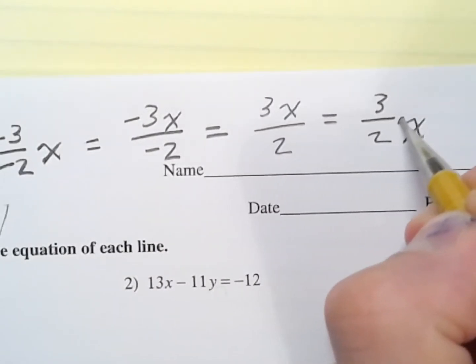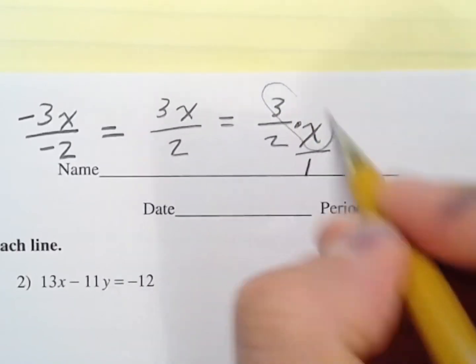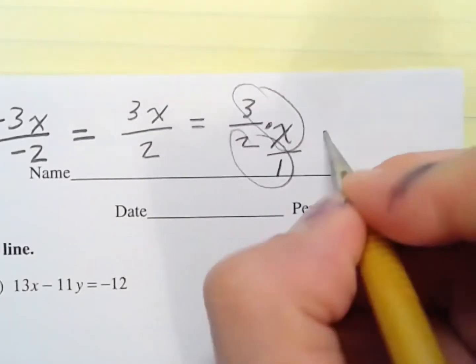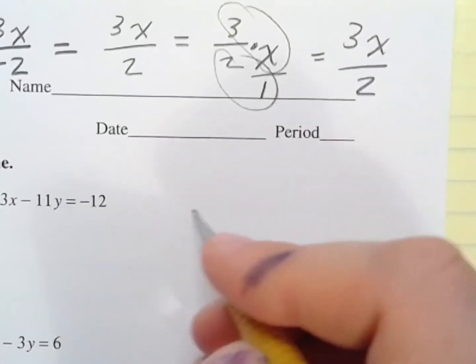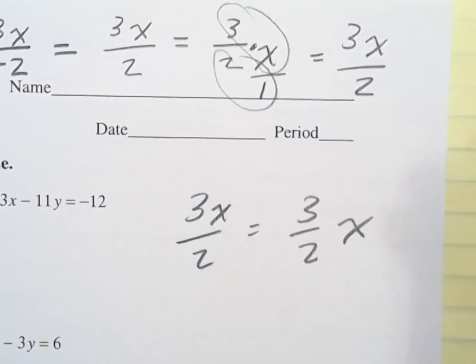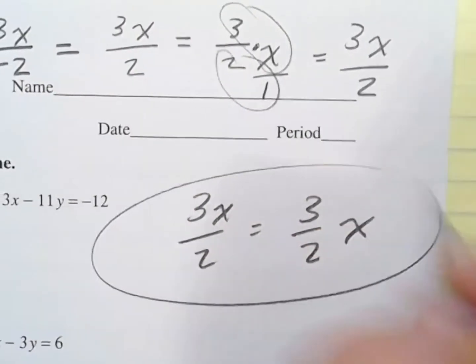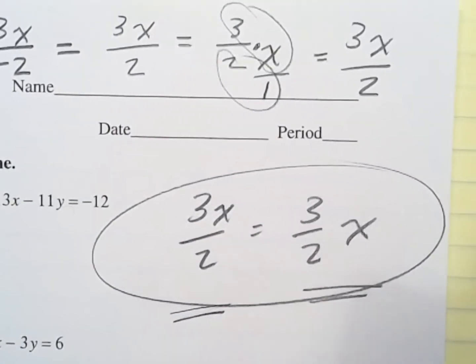It's saying 3/2 times x, but x is x over 1. So if I multiply these fractions here, top and bottom, the top is just 3x and the bottom is just 2. So you can think about these as the same thing. You can think of 3/2 x as the same as 3 over 2 times x. Those are exactly equivalent, and sometimes it's beneficial to think about this, and sometimes it's beneficial to think about this.